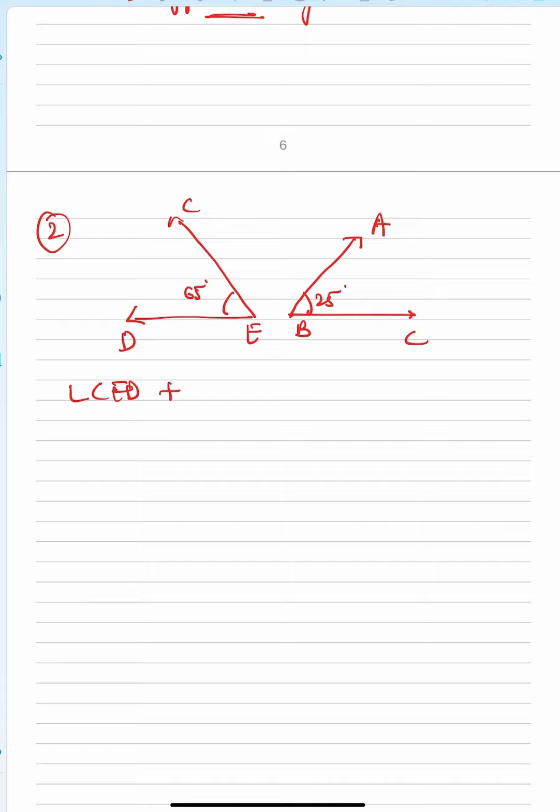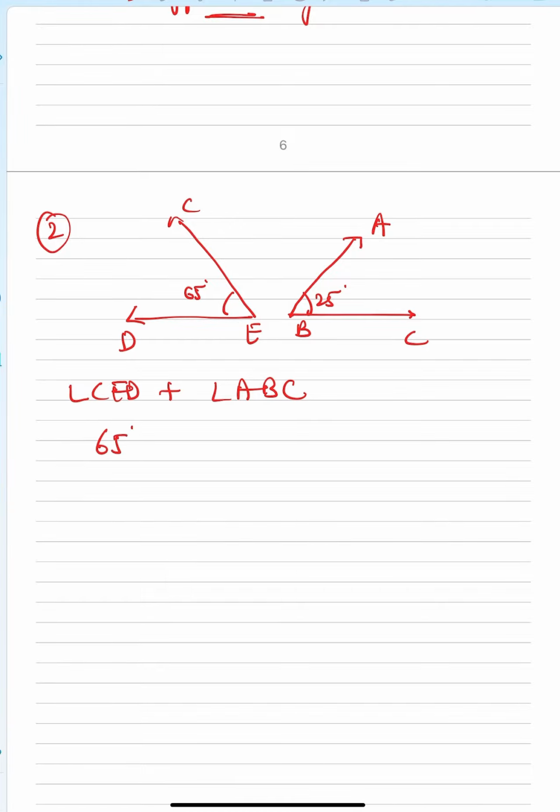Next example is 65 degrees, and one is here which I can say 25 degrees. Let me name them CED and ABC. Let us add angle CED plus angle ABC.